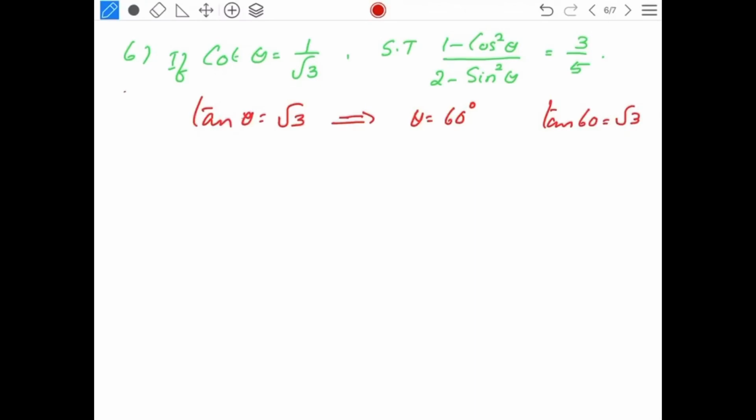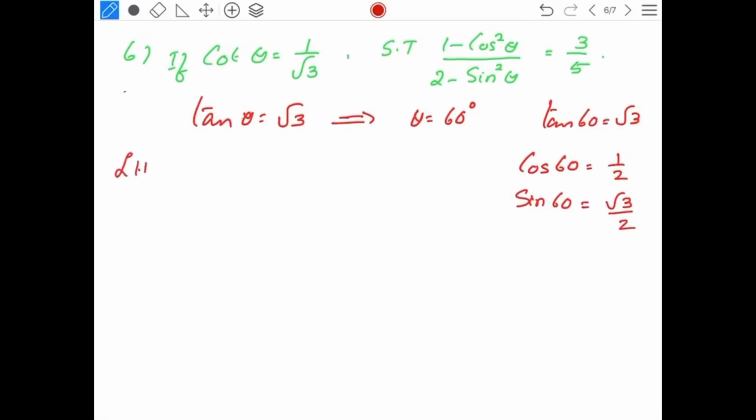So now you can find cos 60 and sin 60. So cos 60 will be half and sin 60 is root 3 by 2.